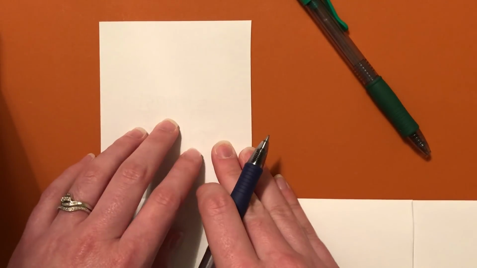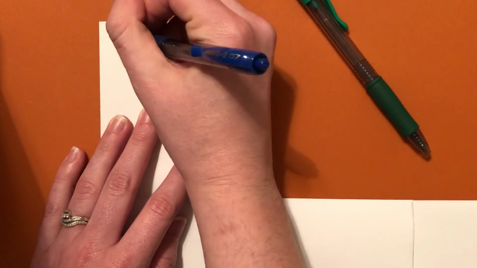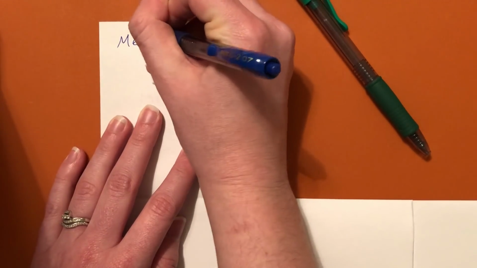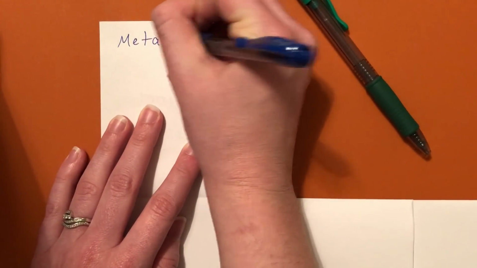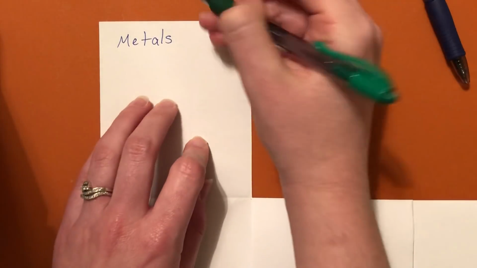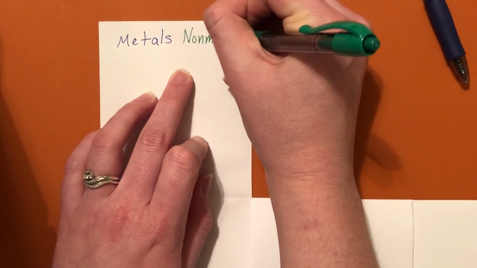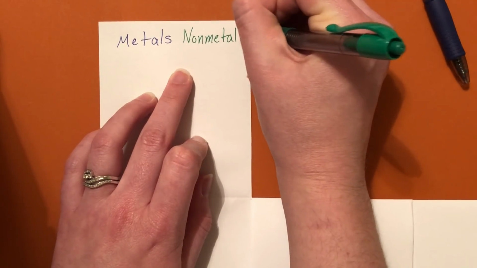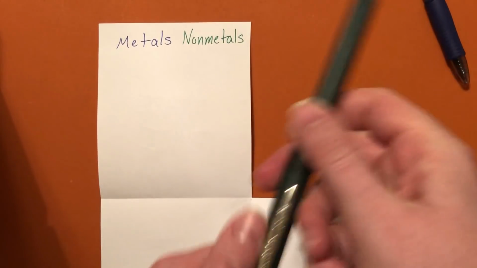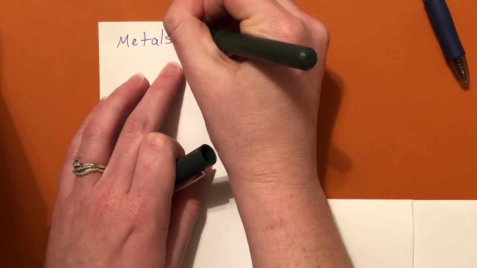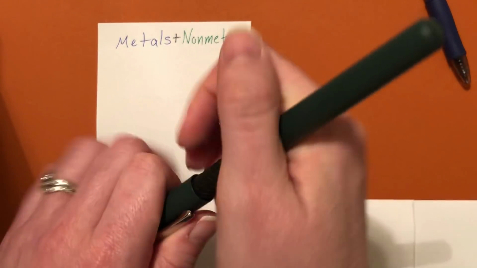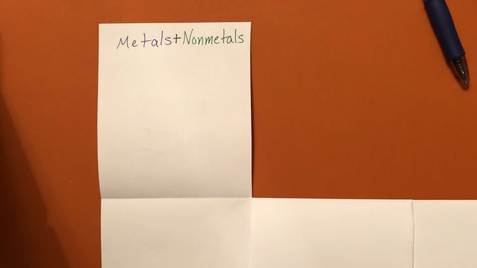So ionic bonds are between metals and they are between nonmetals. Alright, so if I have a metal and if I have a nonmetal, that is what makes an ionic bond.